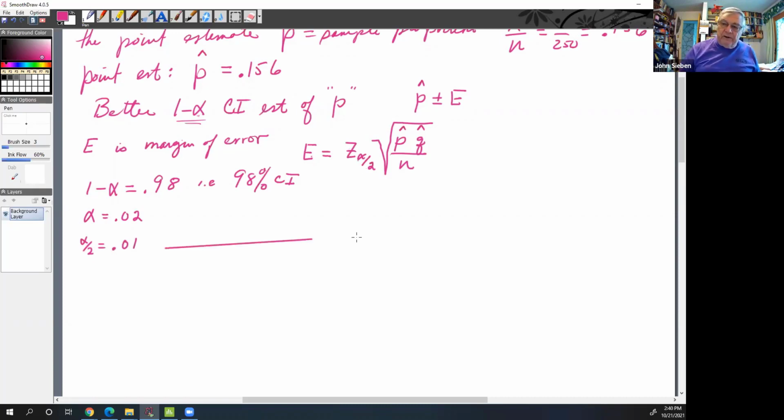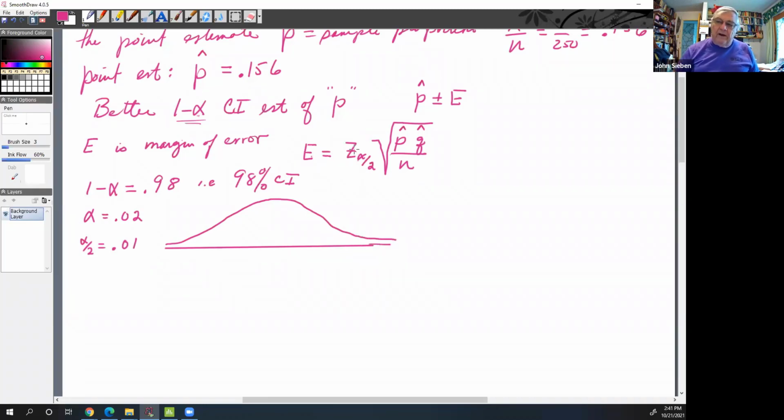So I'm going to sketch this again. I think the sketch helps to keep us from making mistakes. Z alpha by 2 is a point on the horizontal axis under a Z curve. So we'll just sketch out a Z curve, maybe looking kind of like that.